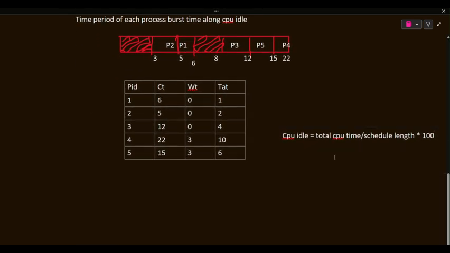Let's calculate the value of this. Here we can see that the total idle time of the CPU is 3 plus 2, divided by the total schedule length, which is 22 minus 3. It means 19, into 100.